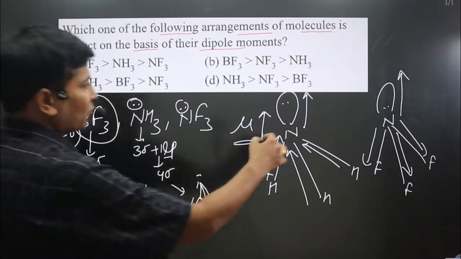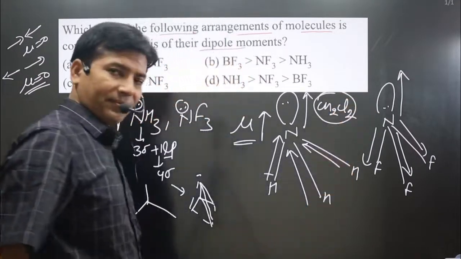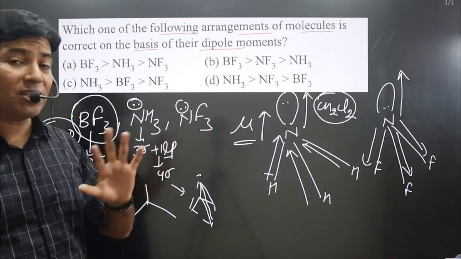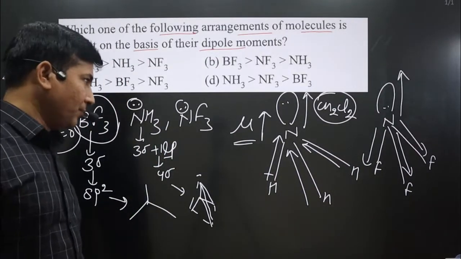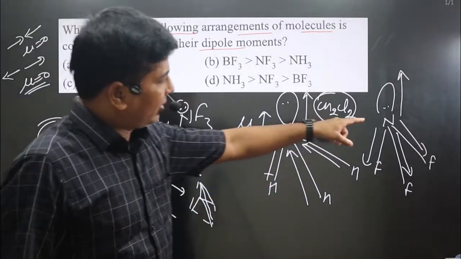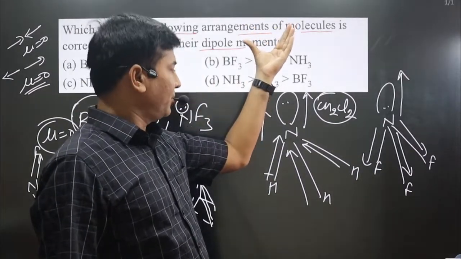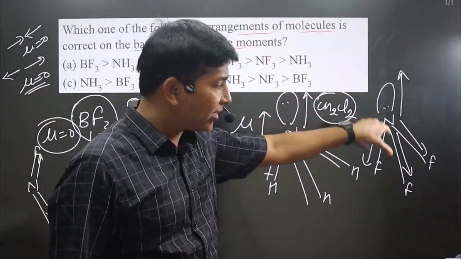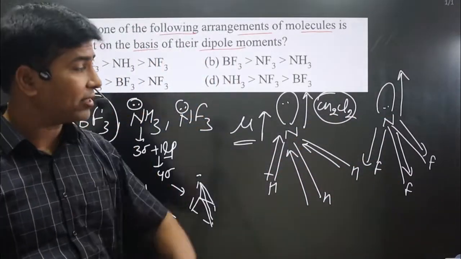For example, let's say if I talk about CH2Cl2. In this case the dipole moment will not cancel out 100%. Some cancellation, yes. You can see the dipole moments are adding up and the magnitude is increasing, but somewhere it is cancelling out because these arrows are in opposite directions. 100% cancellation is not there.